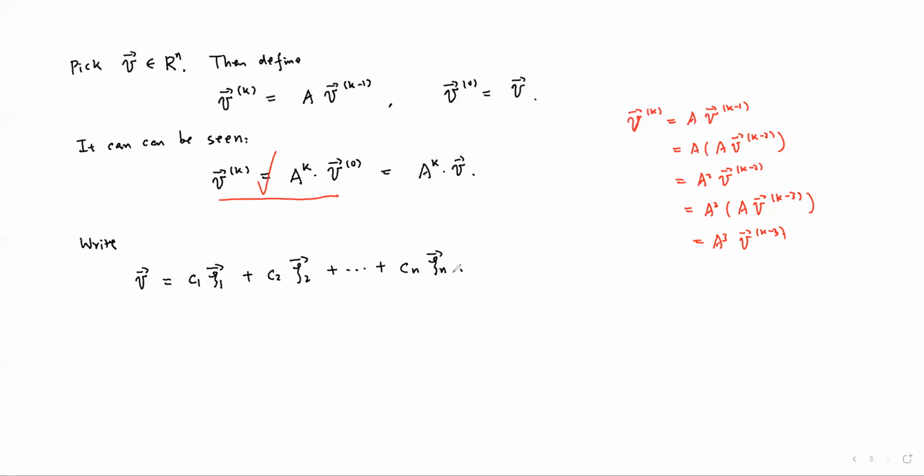Then what is Vk by this equation? Vk is A^k times V. So it is C1 A^k psi 1 plus C2 A^k psi 2 and so on, plus Cn A^k psi n.